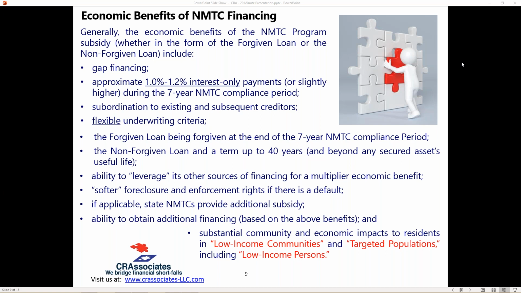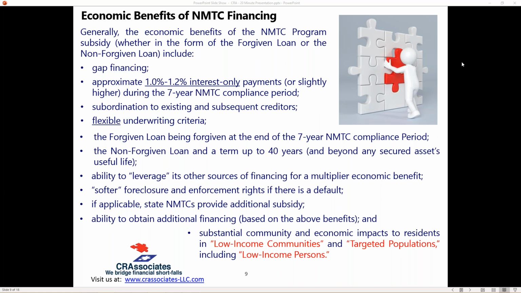Thus, the investor and allocatee are motivated to work with the borrower in connection with any financial issues because the investor and allocatee do not have any capital at risk. Specifically, the investor has purchased the tax credits and doesn't expect the return of its purchase price, and the allocatee merely facilitates the financing without using any of its own funds.